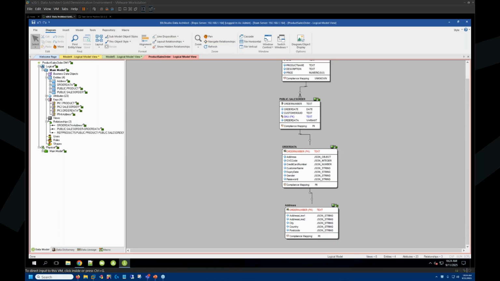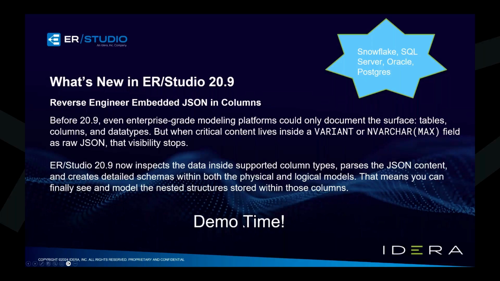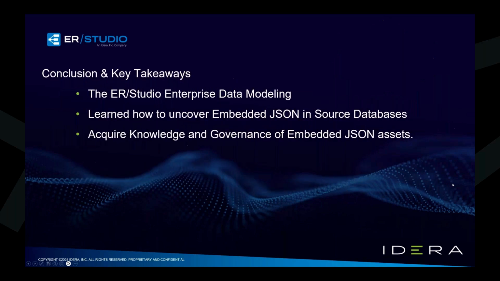So we'll go back to where we once belonged in our PowerPoint. We've seen the demo now. So to wrap it up for us, we've talked about ER Studio's approach to enterprise data modeling and enterprise data programs. We've learned how to uncover these embedded JSON structures in source databases with that checkbox now on the reverse engineering. And you saw when I brought that model in from the repository how you then on those nested objects can apply your data governance, your data security properties, attachments.